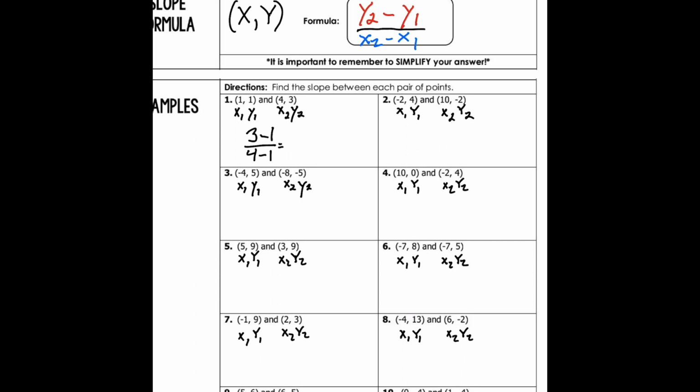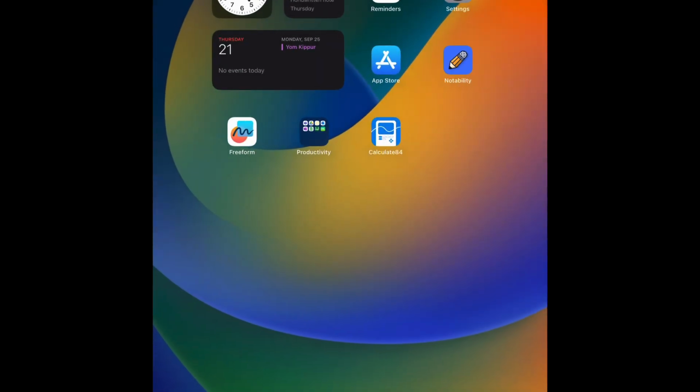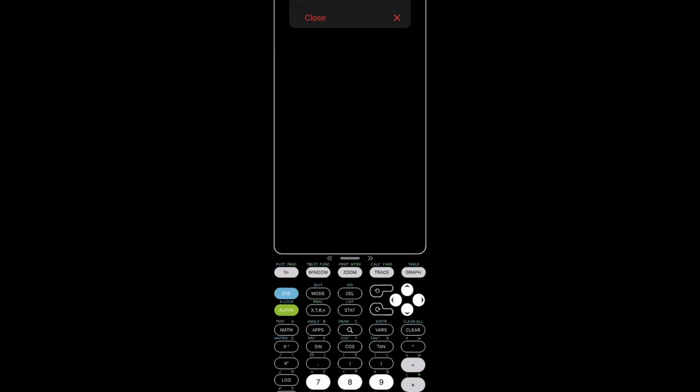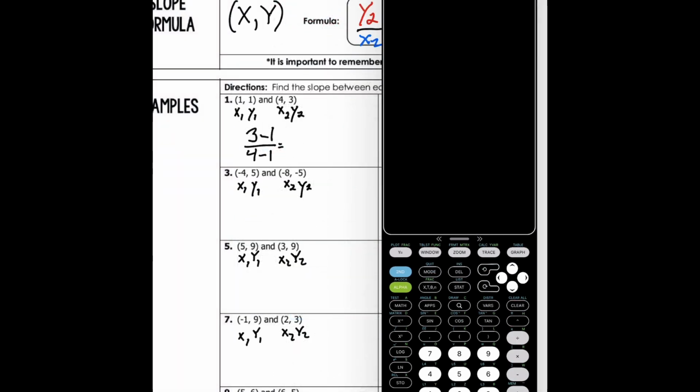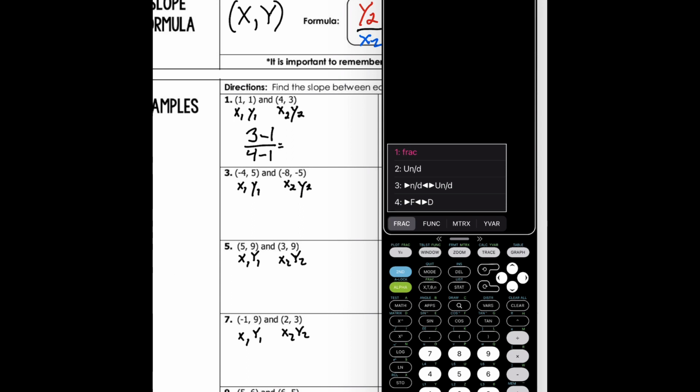Now, these numbers are small, and we can do this math if we need to. But we want to get in the habit of using our calculator. Let the calculator do the work. All right, we'll pull up our calculator, we'll pull up our notes. And to get our fractions to show up in our calculator, remember we hit alpha, y equals, enter.